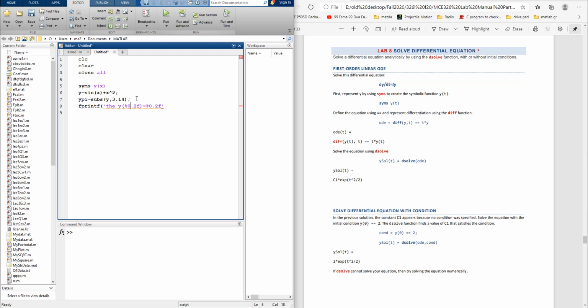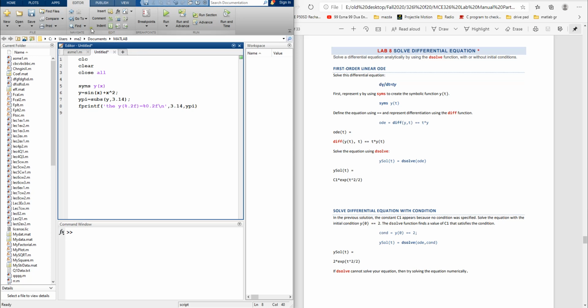Then go to the next line, and close the function from outside here, comma. The first value is the value of pi, where the value is 3.14. The second value should be y of pi.